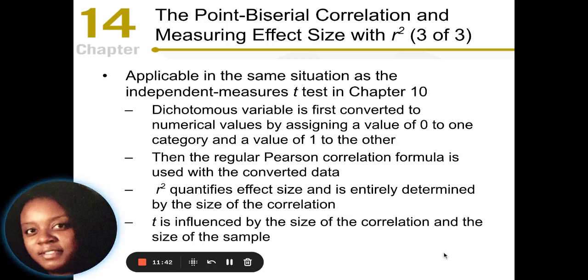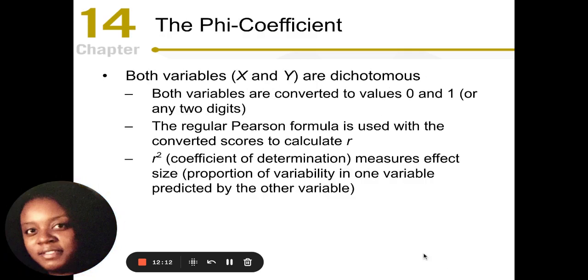When we apply the same situation as the independent measures t-test in Chapter 10, the dichotomous variable is first converted to numerical values by assigning a value of 0 to one category and a value of 1 to the other. Then the regular Pearson correlation formula is used on the converted data. The r squared quantifies the effect size and is entirely determined by the size of the correlation, and the t is influenced by the size of the correlation and the size of the sample.